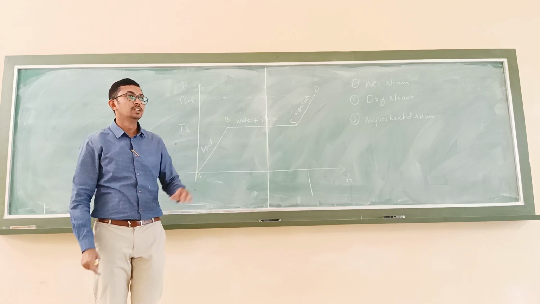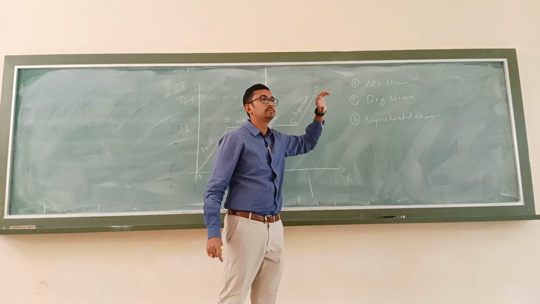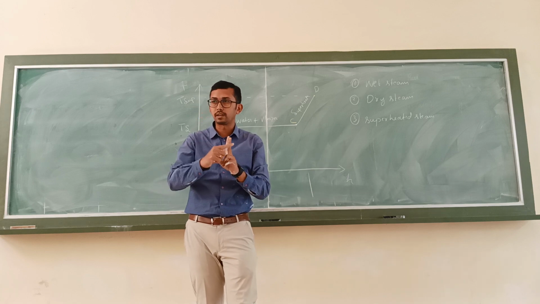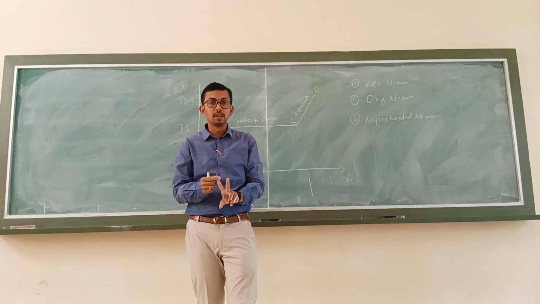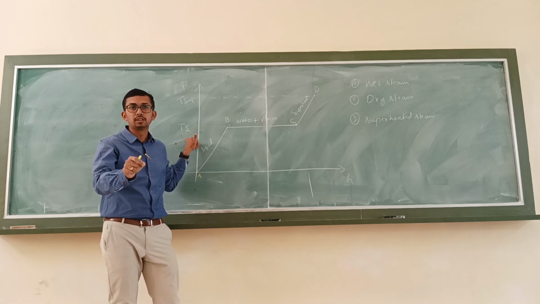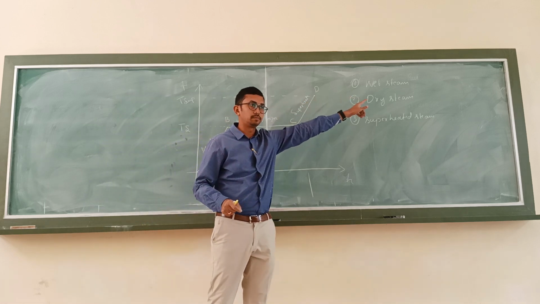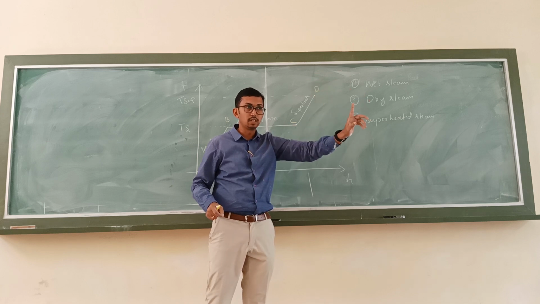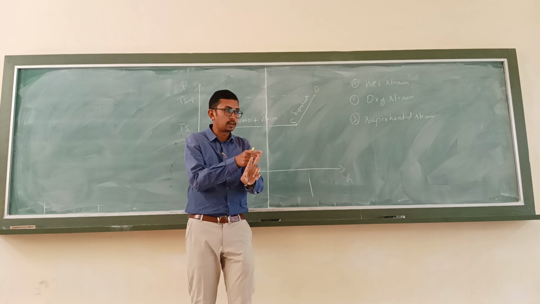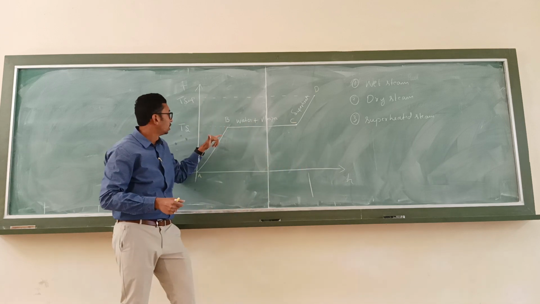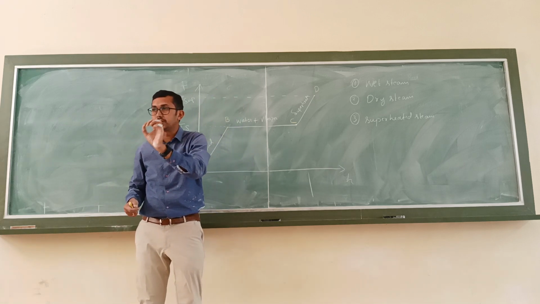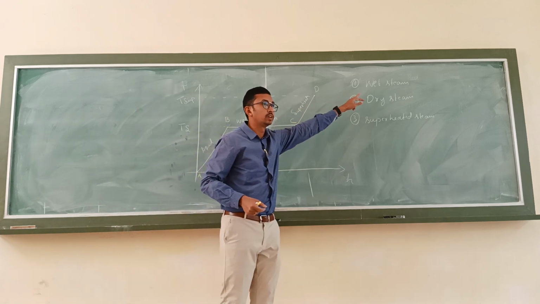I will tell you the definition of wet steam. The two-phase mixture of water particles and vapor particles at the given saturation temperature and pressure is called wet steam. I will repeat once again: a two-phase mixture of water particles and vapor particles, at which temperature? At saturation, at a given constant pressure, is called wet steam.